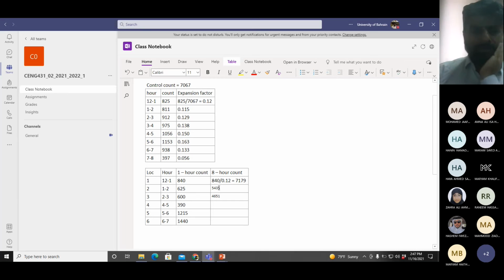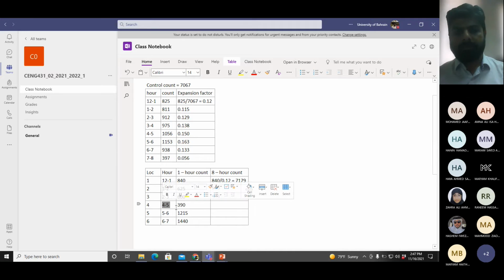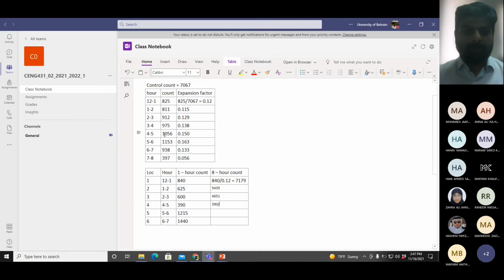Okay. Next. Now, be careful because we have missed 1 hour. So 390. Again, for the sake of explanation, 390 divided by this factor, which is for this hour. So 0.15. 2617.